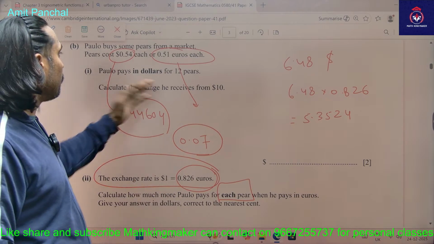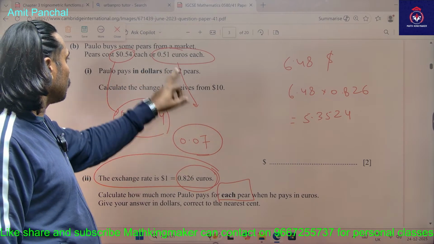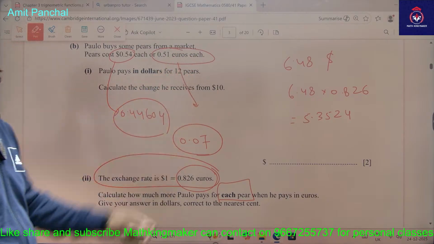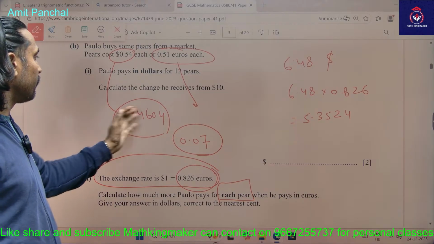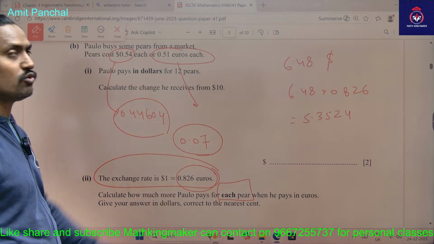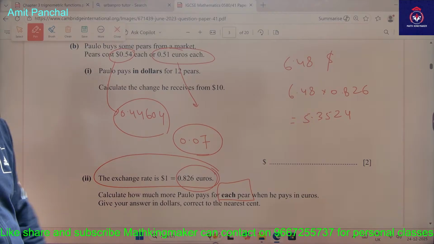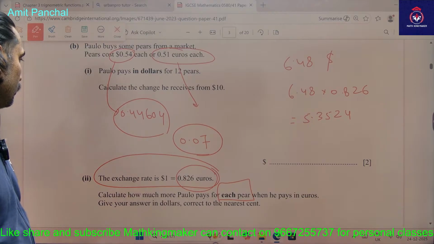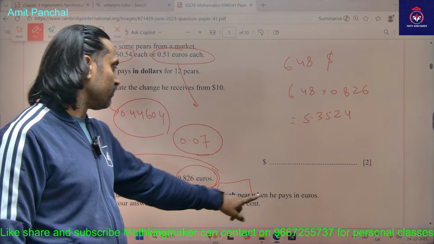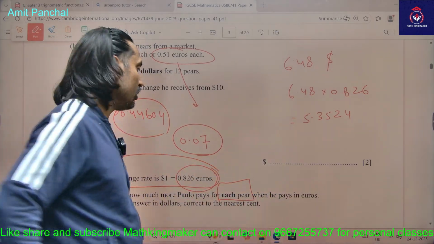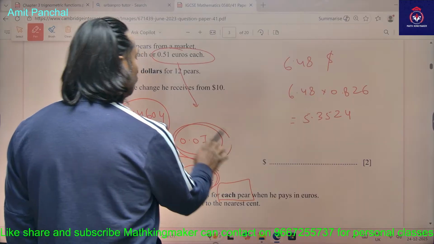If he is paying directly in euros, he has to pay 0.51 for each pair. That means if you are paying in euros, you are paying more. So that is the question: calculate how much more Paolo pays for each pair when he pays in euros. So in euros, he is paying 0.07 euros extra.